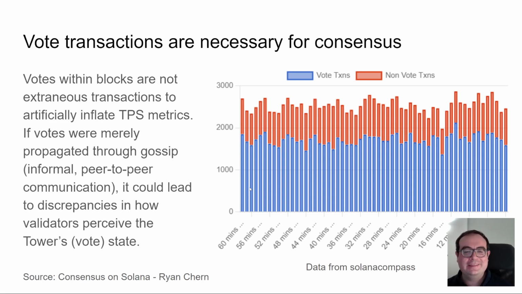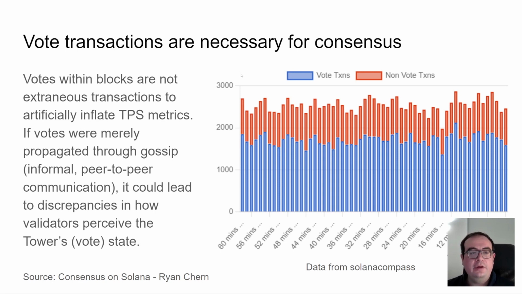That's nice because transactions are very efficient, and this helps a lot with consensus. It's very important that all nodes have a good, consistent view of the votes, and this is better guaranteed if the votes are actually transactions rather than messages in a peer-to-peer network.